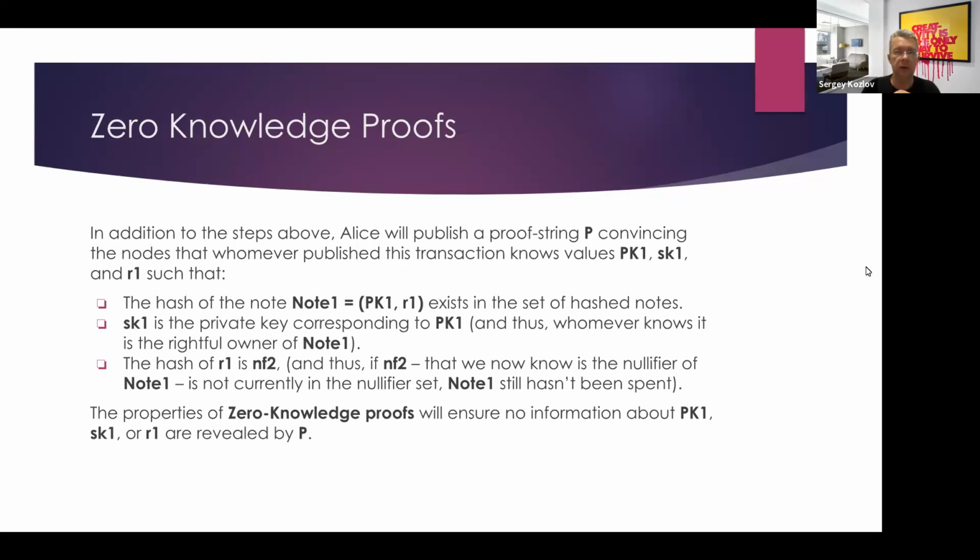So we have to prove to the nodes of the system that we are able to spend our node, which is owned by public key 1, with the secret key 1 and with this random number 1, without actually revealing our public key and, of course, our secret key in no way, and our unique identifier R1.